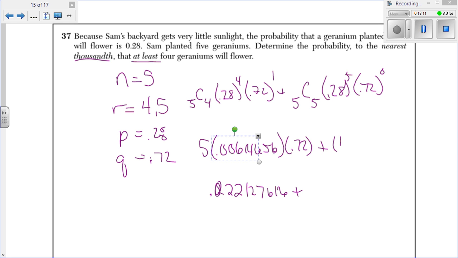5C5 is 1, so 0.28 to the fifth power is 0.0017210368 times 1, because anything to the 0 power is 1. So I'm going to add that to this, 0.0017210368. So I'm going to add those.